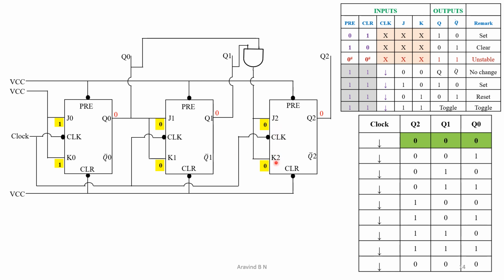J2 and K2 depend on the output of the AND gate. At this instant Q1 is 0 and Q0 is 0, so 0, 0 is the input to this AND gate. The output of the AND gate is also 0. Therefore, J2 and K2 are also equal to 0 at this instant. Right? So we are at this stage.